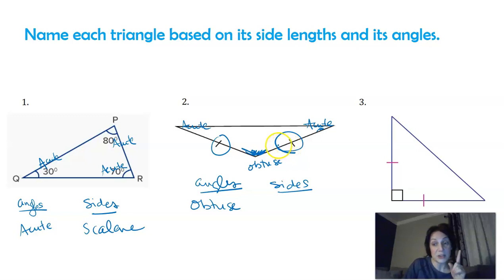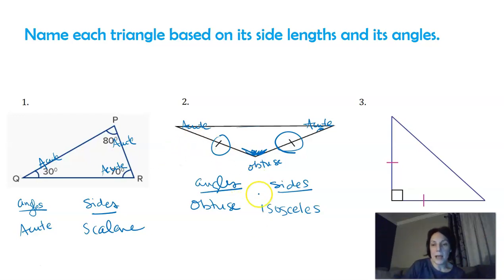I got two that match, no tick mark. So this guy doesn't match. Two tick marks means isosceles. So this triangle we call obtuse isosceles. Obtuse, it has a big angle. Isosceles, it has two sides that match.